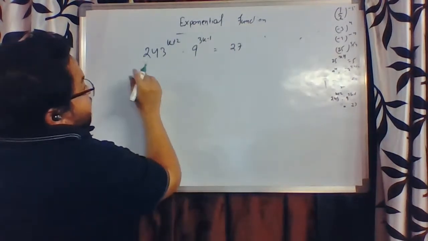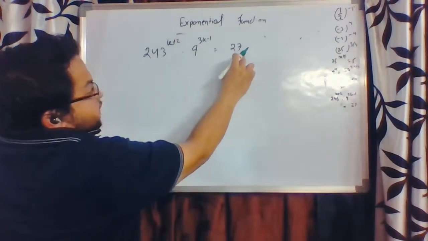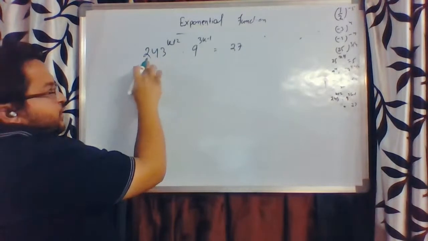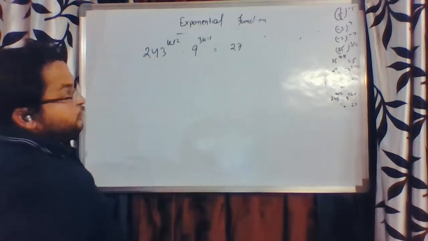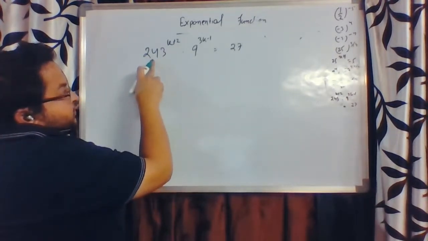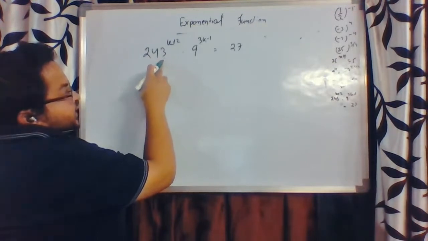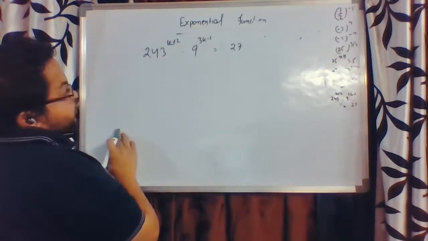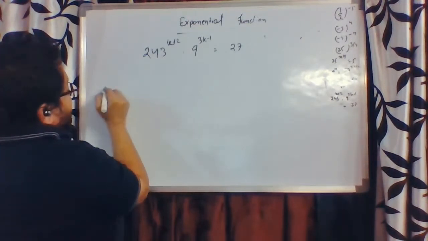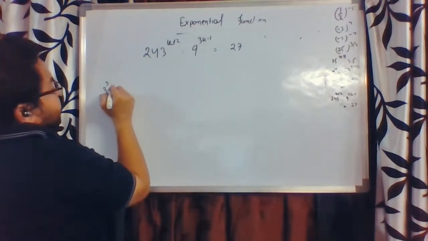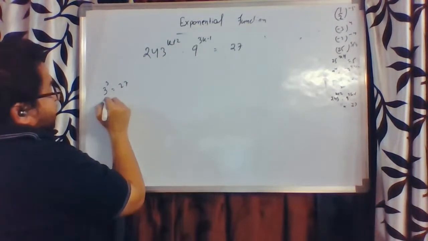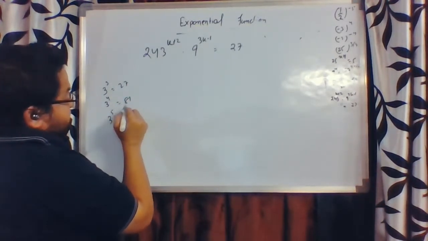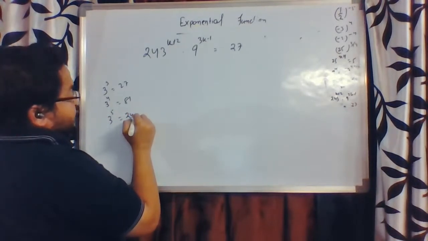So here, this can be expressed in exponent of 3, this can be expressed in exponent of 3, and this also can be expressed in exponent of 3. How? We know 3 to the power 3 is 27, 3 to the power 4 is 81, and 3 to the power 5 will be 81 into 3, that is nothing but 243.